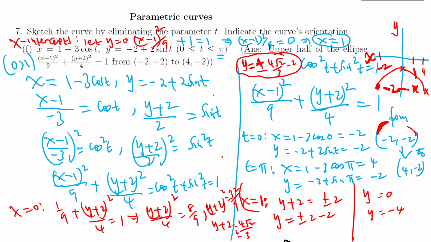So now you're going to have a y plus 2 squared, and then in the denominator, let's see.